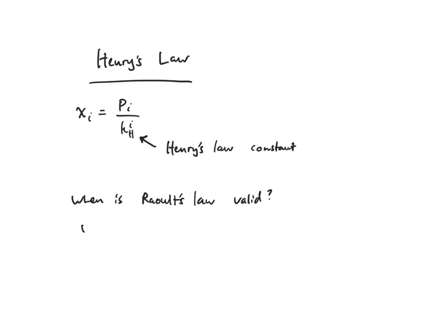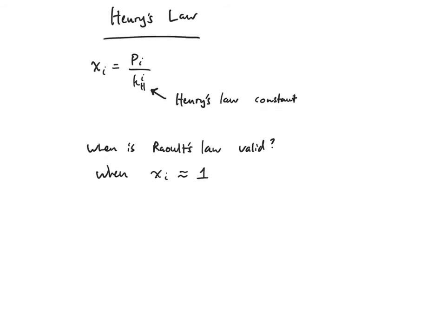However, it is also valid when the mole fraction of our component is very close to 1. That's also when Raoult's law is valid. So then when is Henry's law valid? It turns out that Henry's law is valid when this mole fraction is very close to 0.